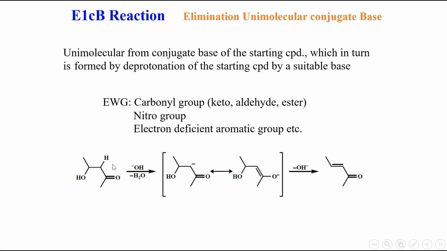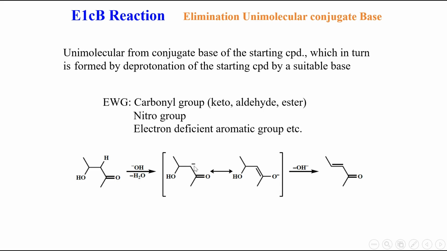When I treat this kind of compound with a base, it abstracts the proton and it gives an anion, and this anion is stabilized by the adjacent carbonyl group or an electron withdrawing group. The pi electrons move on to here and these pi electrons move on to the oxygen, and there is an equilibrium existing between these two structures.